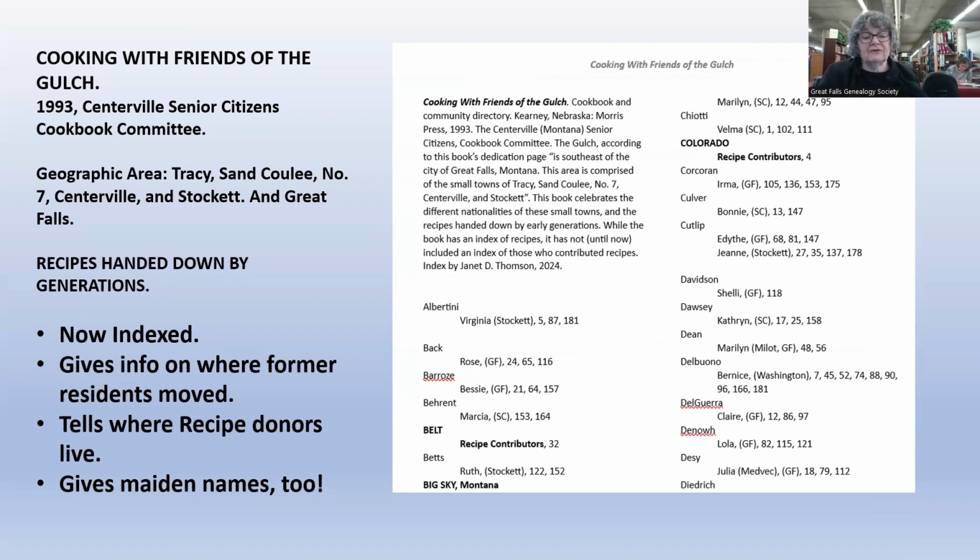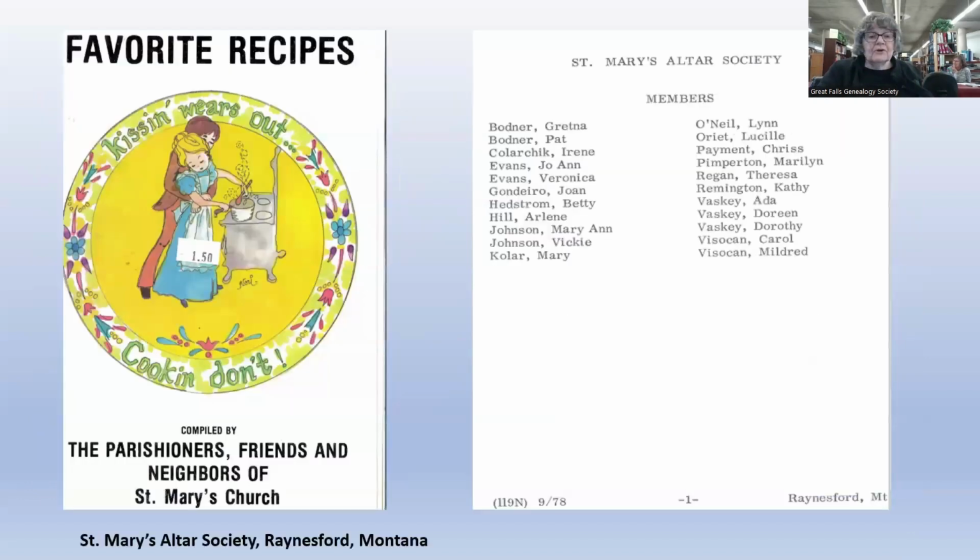I picked it up a few years ago, I guess in 2024 it says, and made an index of all those who contributed recipes, plus their references to their families as to who was there. And sometimes I would say, okay, GF means Great Falls, or SC means Sand Coulee, and so on. But it's indexed, it's in our library as a legitimate one-of-a-kind text for you.